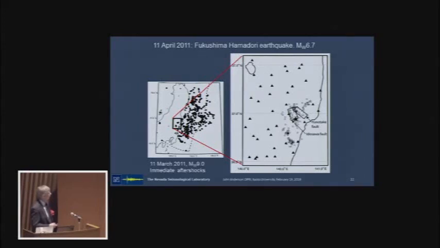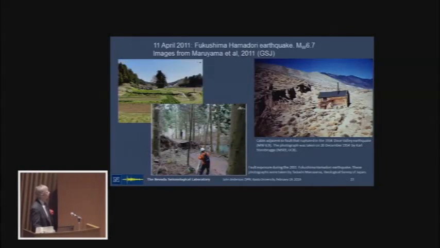It's complex, with 2 different faults involved, and of course a great set of data from K-NET and KiK-net. As a reminder, this is an iconic picture of normal faulting in my state, in Nevada, from the Dixie Valley earthquake in 1954, and here's some of the normal faulting from this 2008 earthquake here in Japan.